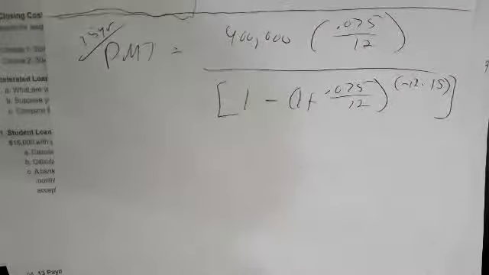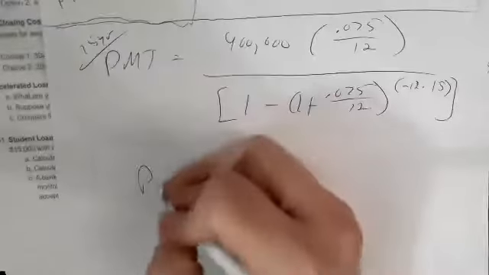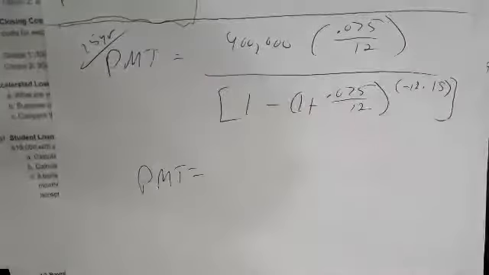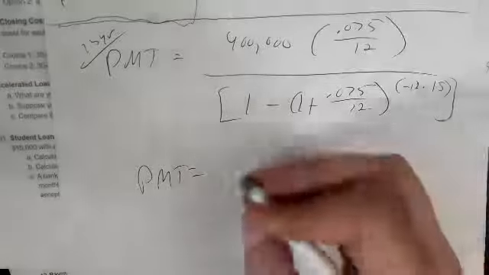All right. Okay, so when I do this one, I'm going to save a little bit of work and just skip to the payment. But my payment on this one should be, which one is this? 3708.05.